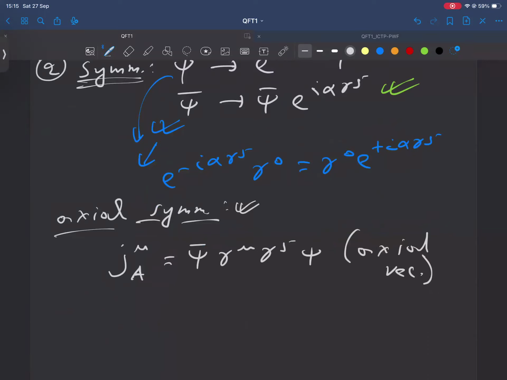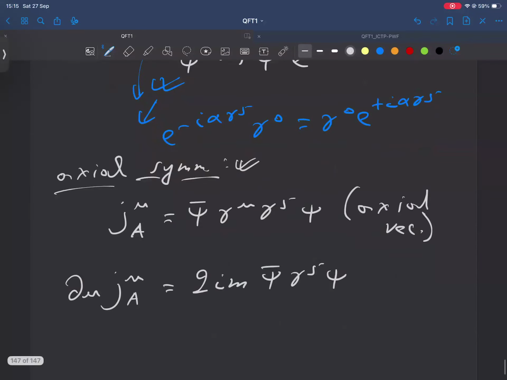And then again, using the Dirac equations, you can show that del mu j mu a equals 2im psi bar gamma 5 psi. So note that it's actually not a symmetry of the Dirac Lagrangian or the Dirac action if m is not equal to 0. But if you put m equal to 0, then it turns out to be a symmetry.